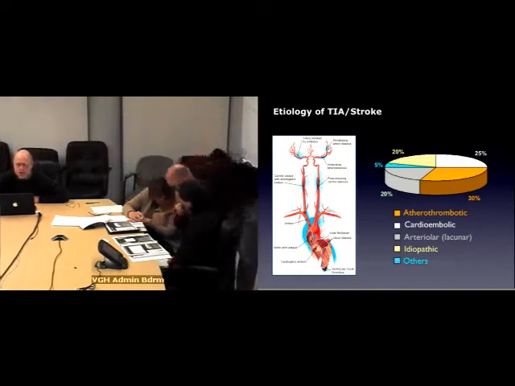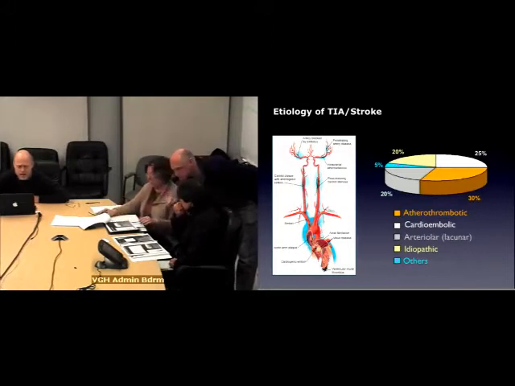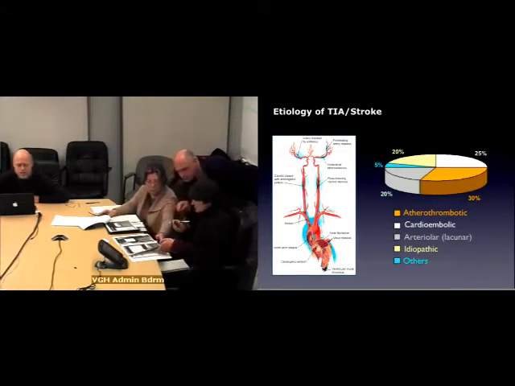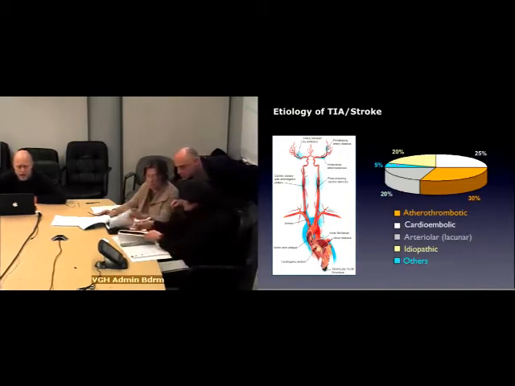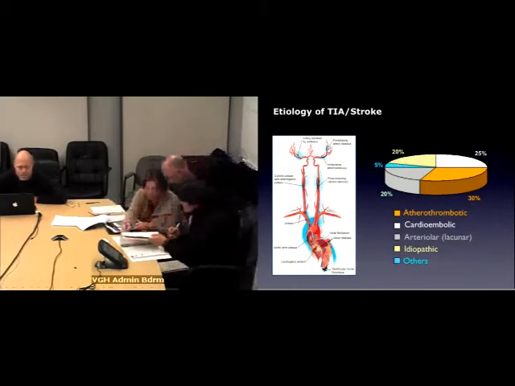And those are called arteriolar or lacunar events. So we've got the large vessels, the atherothrombotic vessels occurring in the neck or up in the brain. There's the small vessels right up in the brain. Or down to the bottom to the heart, an embolus can come from the heart itself as a cardioembolic source.